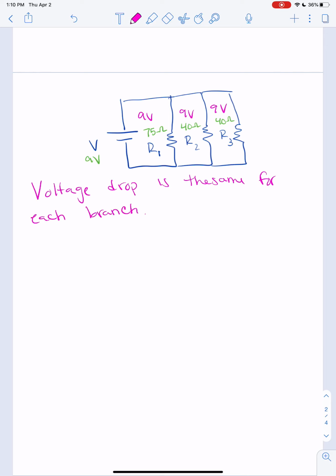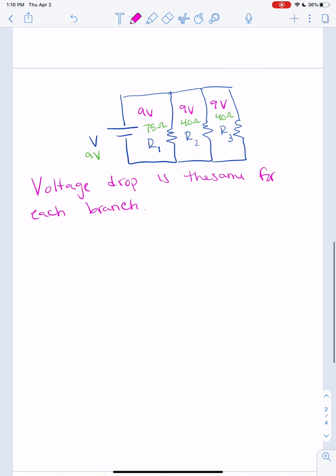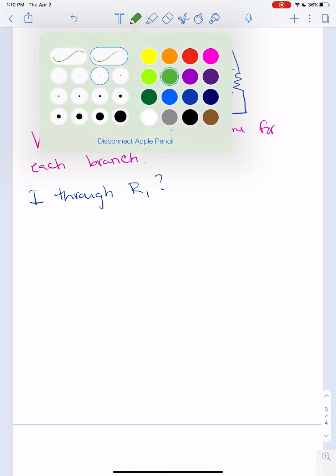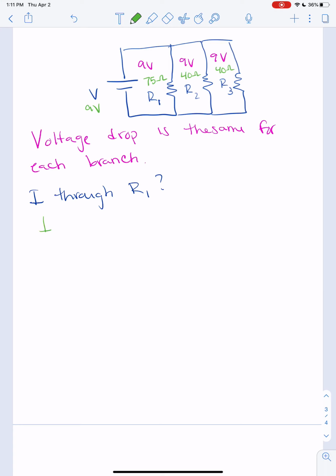Okay, so this allows us to calculate the current through each individual part. So let's say, for example, we need to find the current through R1. How do we do that? Well, we just use I equals V over R like we have been doing. And we look at our first branch right here, okay?